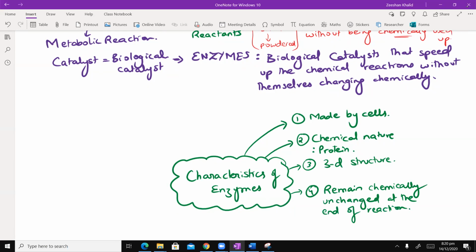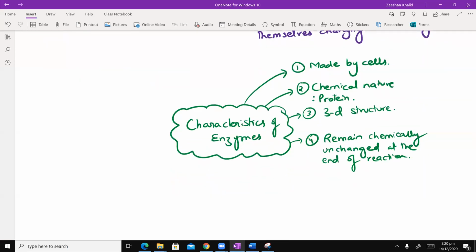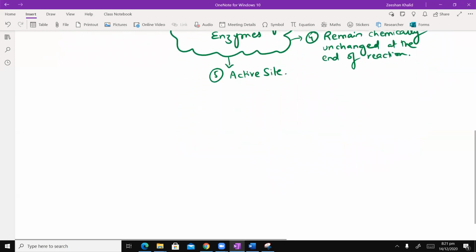Okay, now a very important point, and that is they have active sites. Now, what exactly is an active site? Let me draw an enzyme and show it to you. So, for example, if this is an enzyme. Oops, I'm sorry, my bad.